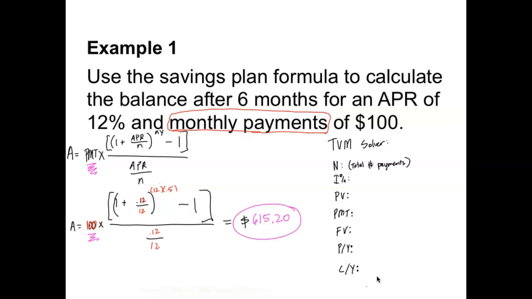So I need the total number of deposits you're going to make. I is just your APR, your interest rate. But notice that here there's a little percentage symbol after it. So you are actually entering it as a percent, not as a decimal.